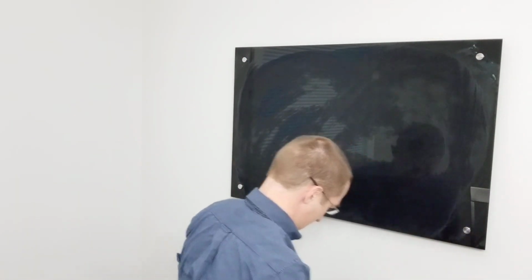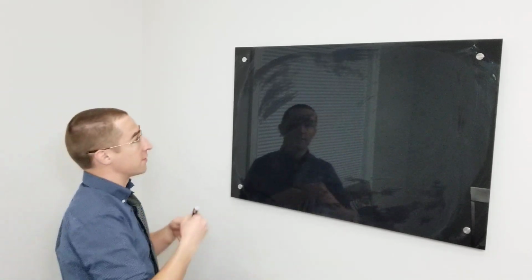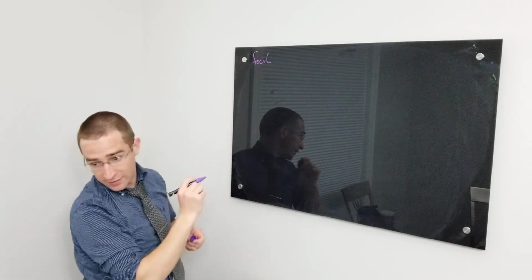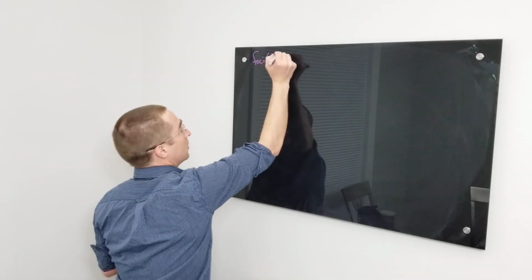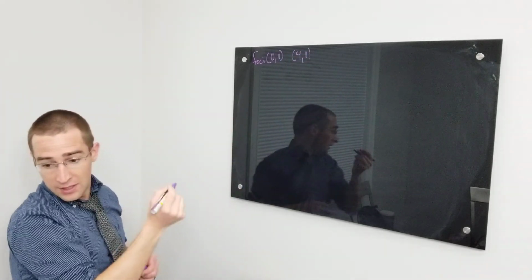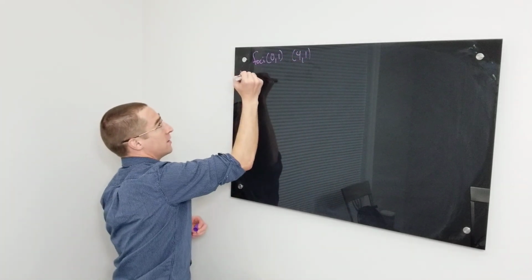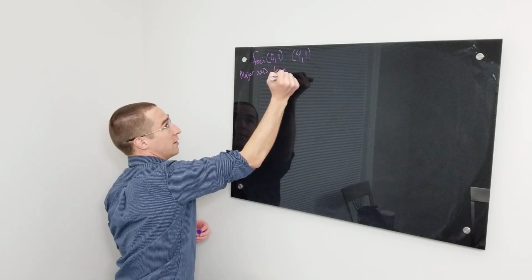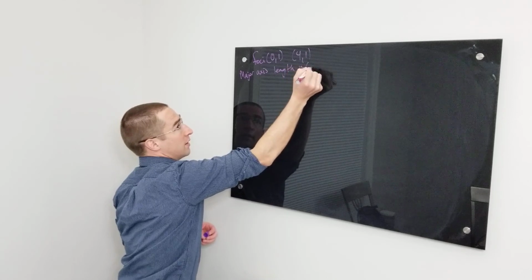Okay. So we're looking at an ellipse that has foci at (0, 1) and at (4, 1), and the major axis length is 6.